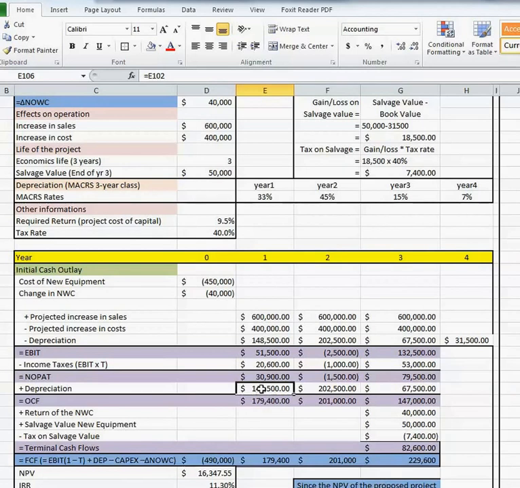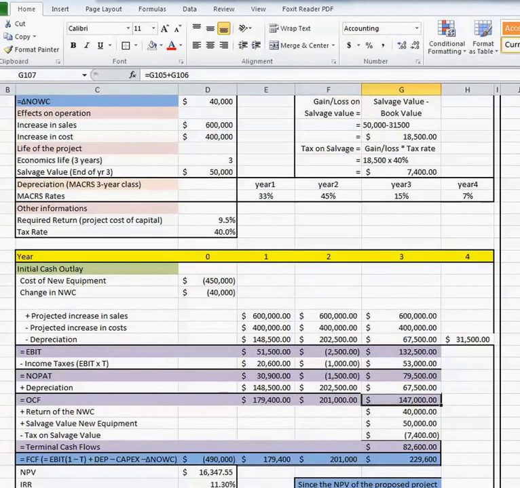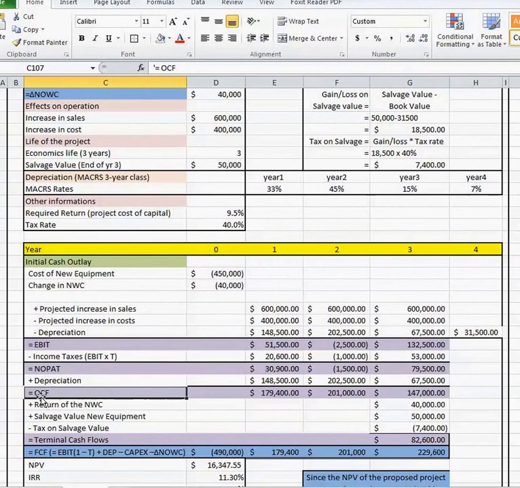So we copy these numbers from here and put the depreciation back. Operating cash flow equals NOPAT plus depreciation. Let's do this one, NOPAT plus depreciation, and drag it all the way to year 3 because we have 3 years. So this is the calculation of operating cash flow.